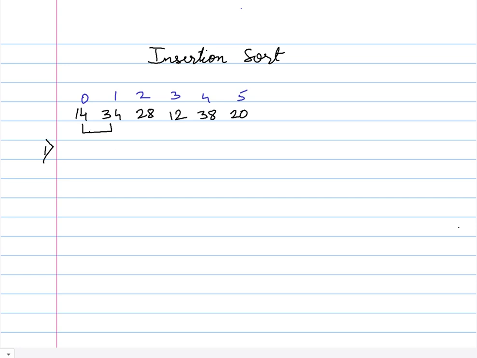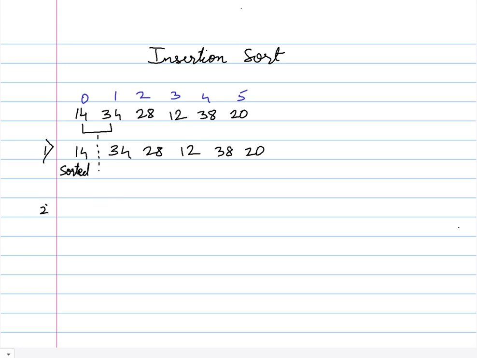So we'll check whether the element at index 0 is less than index 1. Yes, it is less. So we'll add 14 to the virtual subarray, which we call the sorted subarray or sorted list. The rest we will consider to be in the unsorted list. So in the unsorted list we have 34, 28, 12, 38 and 20.